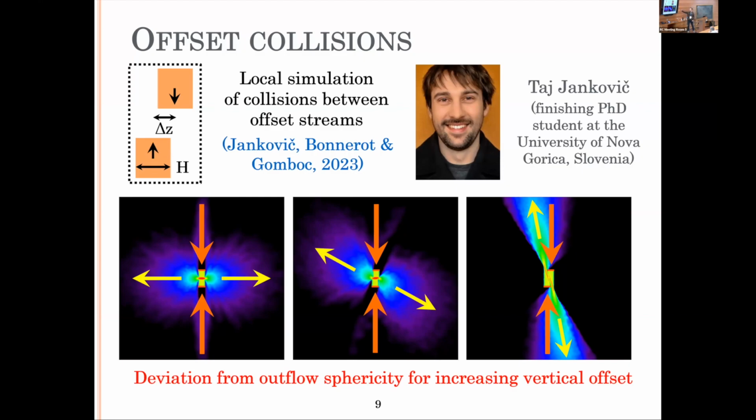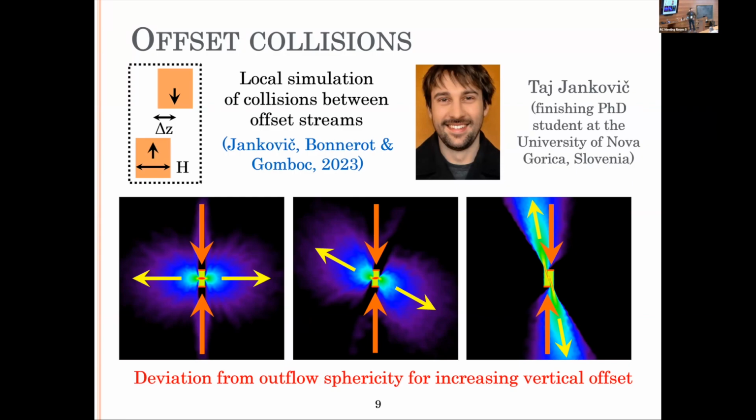So maybe that is something that happens at early times, but quickly after this, the envelope will become more and more spherical because of interactions between these two outflows. It's also possible. So gradually the polarization decreases. Yes.